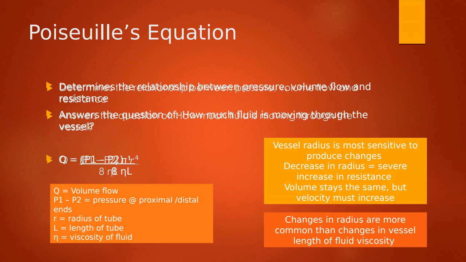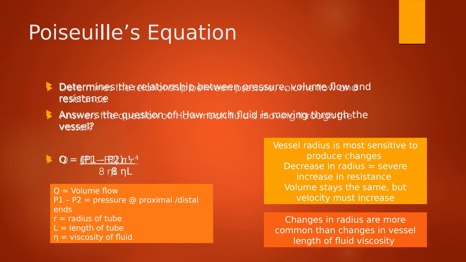You guys just took your SPI, so you're like, oh God, no, not more equations. You need to know what this equation stands for, what it helps determine, and how these factors behave. So you have to answer theory questions on this, but I will not be asking you to actually calculate these equations for my class. The registry, the RVT exam, is a different beast. They may ask you calculation questions based on this.